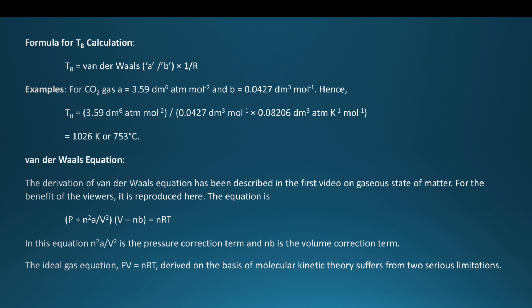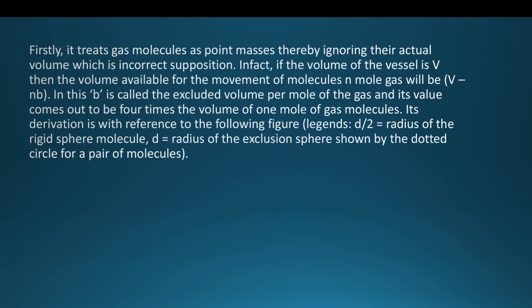The ideal gas equation PV equal to nRT, derived on the basis of molecular kinetic theory, suffers from two serious limitations mentioned earlier. One, it ignores the volume of molecules, and secondly, it ignores any repulsion or attraction between molecules.